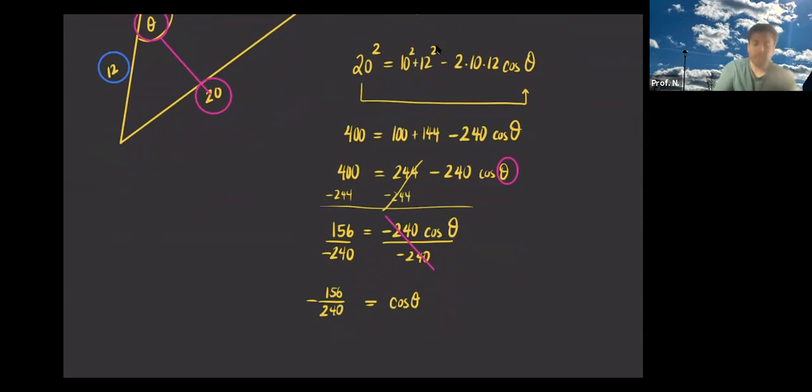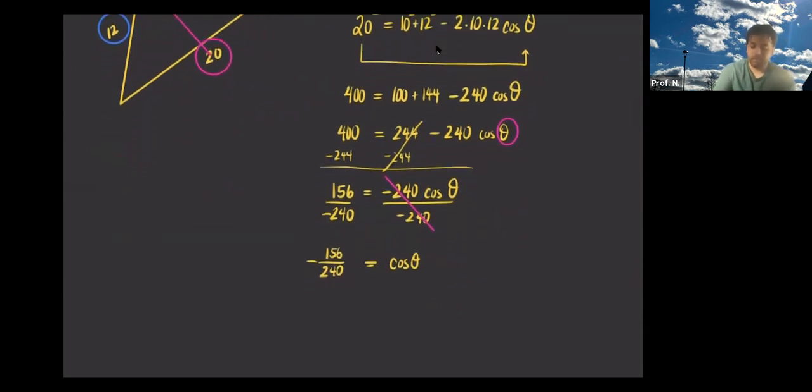Now, how do I get theta? Does anybody know how we can get theta? Of course not. You can't divide. Remember, cosine theta equals a number. I want to get the angle.